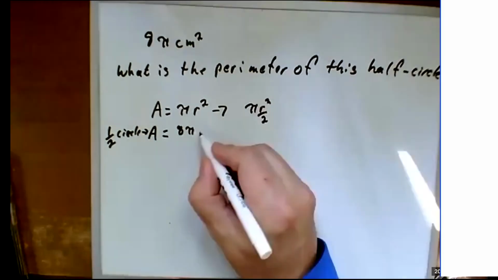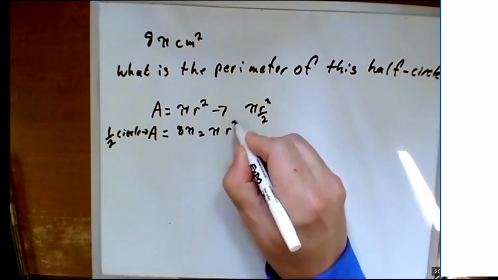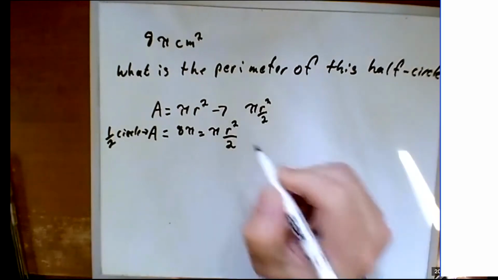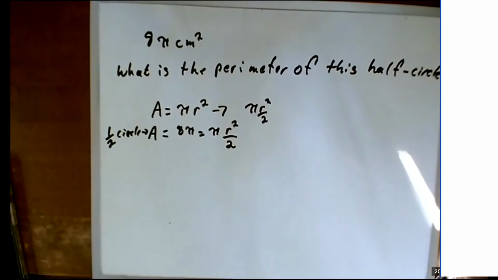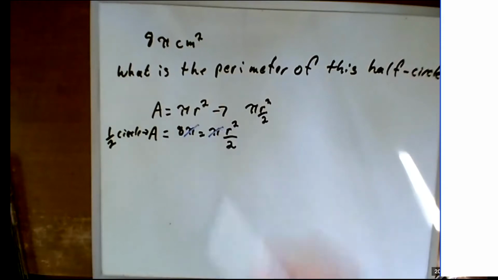I then set this equal to my 8 pi, and I can see that I have pi r squared over 2 on one side and 8 pi on the other. Well, the pi's in this case can just cancel each other out. If I have pi on one side and pi on the other, I can make those pi's disappear.